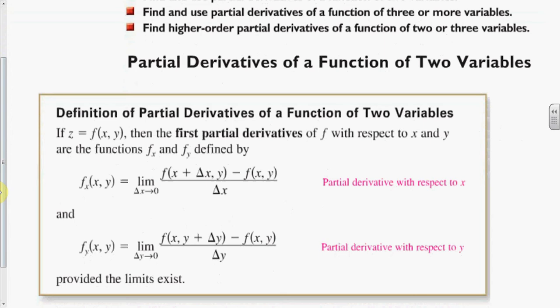Or we could talk about the partial derivative of the function f with respect to y. This becomes the limit as delta y goes to 0. Here we treat x as a constant or coefficient. X is fixed. And then we look at the change of f with respect to y divided by the change of y itself, a ratio.